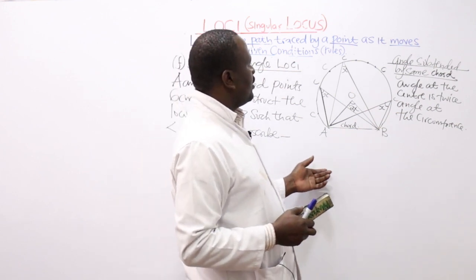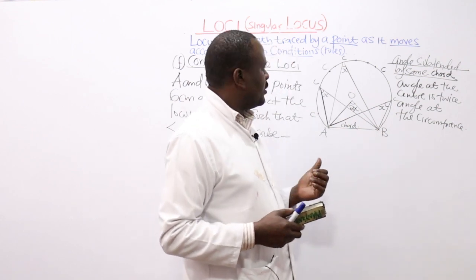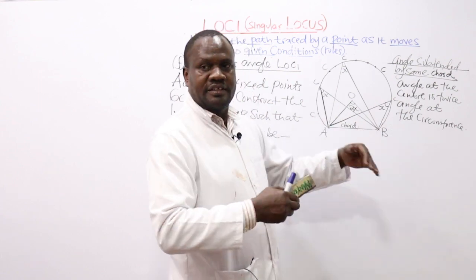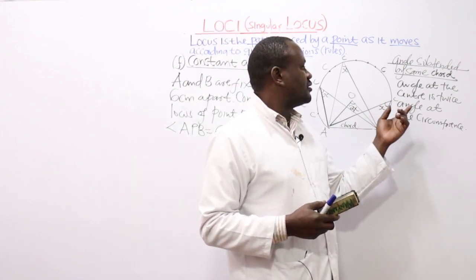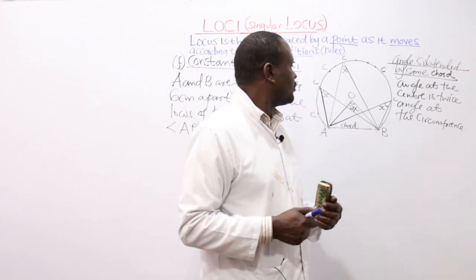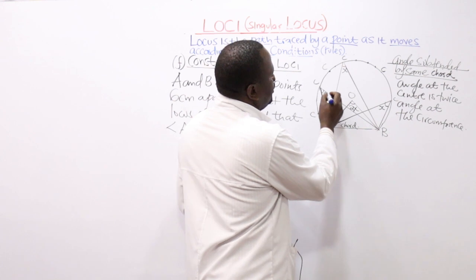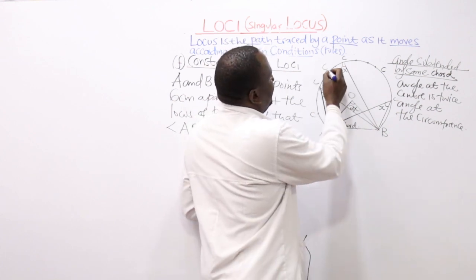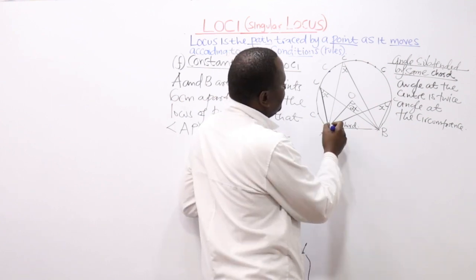If angles are subtended by AB, the angle at the center is twice the angle at the circumference. That means if this angle is 40, this has to be 80. And 40 can be anywhere along this circumference, along this arc.